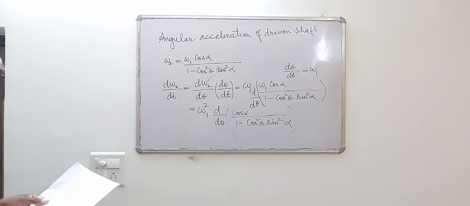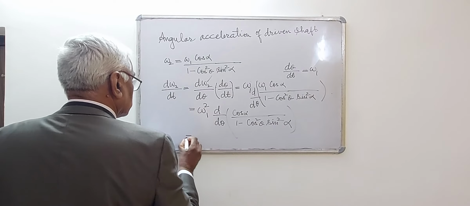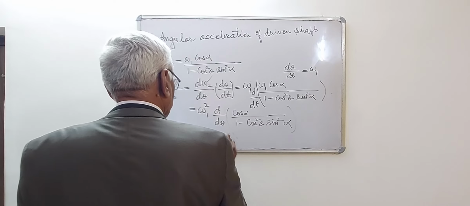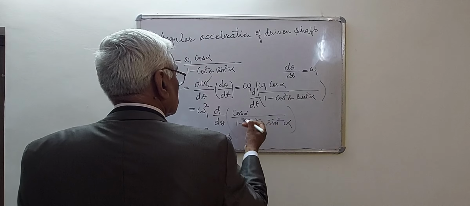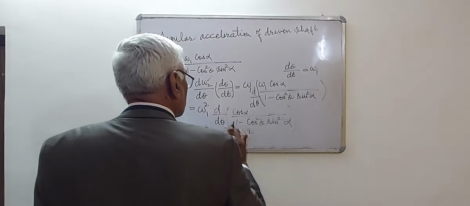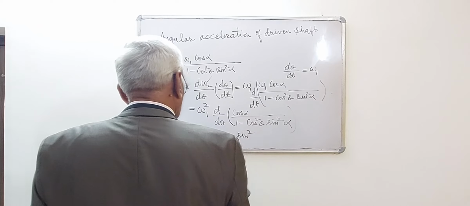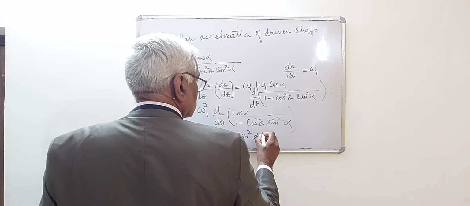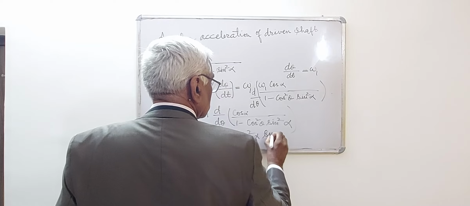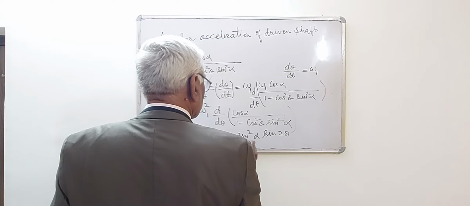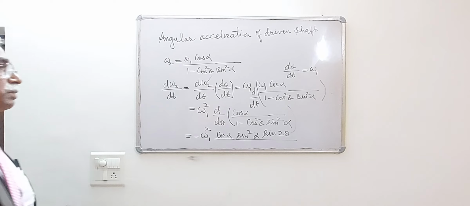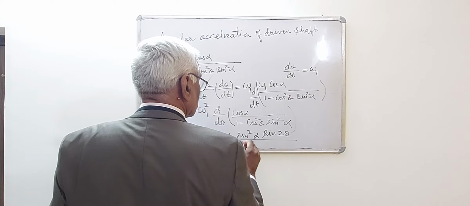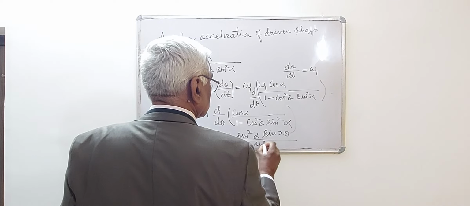Or it can be written as minus omega 1 square cos alpha into sin square alpha into 2 sin theta cos theta, that will be sin 2 theta, divided by the square of 1 minus cos square theta into sin square alpha.